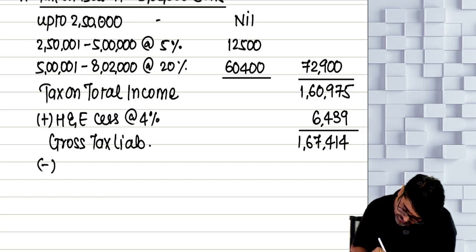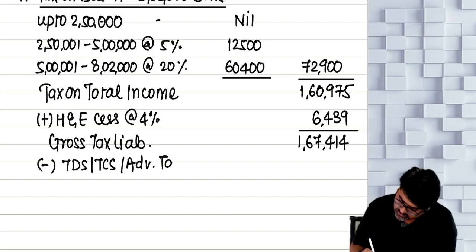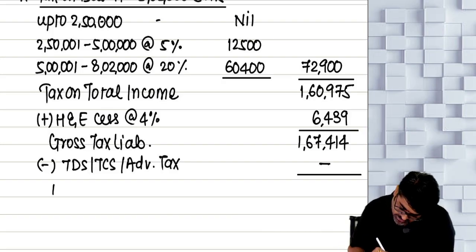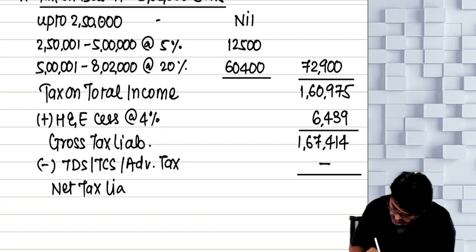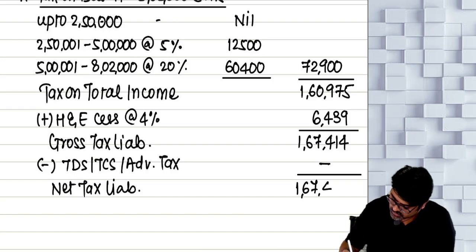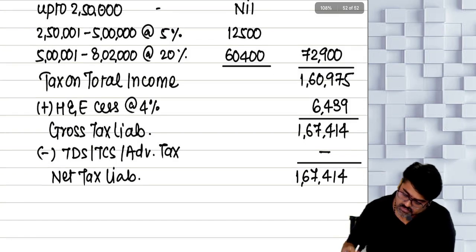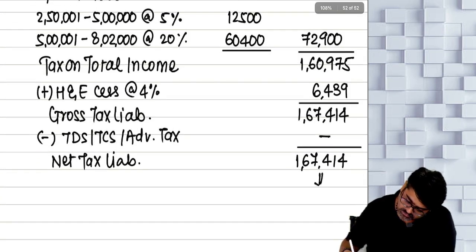Out of this, any TDS, TCS, advance tax, etc. are not there. Okay, no? So your net tax liability is the same. How much? 1,67,414. But if you write it like this, your answer will be wrong.